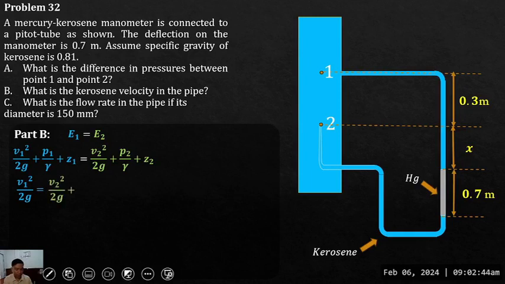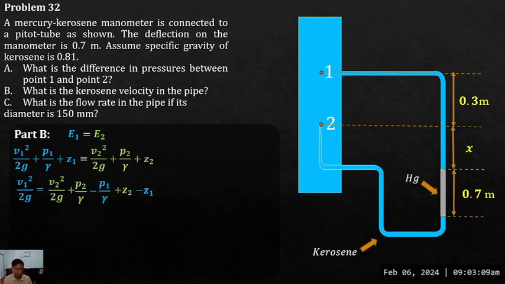Okay, so solve muna natin si V2 squared over 2g, and then yung P2 over gamma, and then yung P1 over gamma, na ngayon magiging minus na kasi transpose natin sa right side. Plus Z2. And then minus yung ating Z1. Okay?